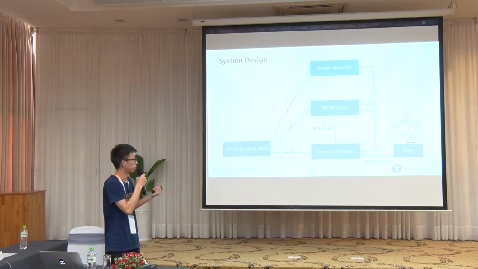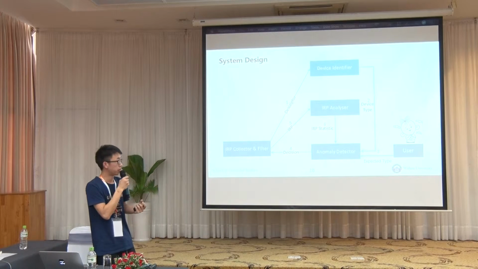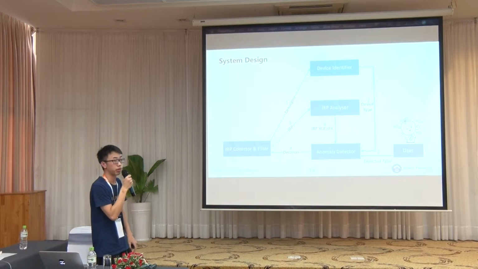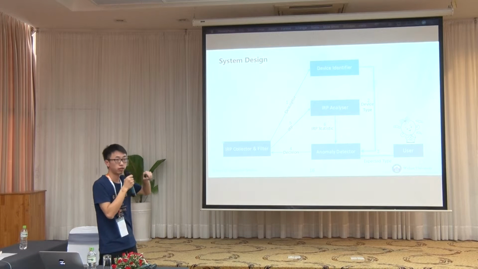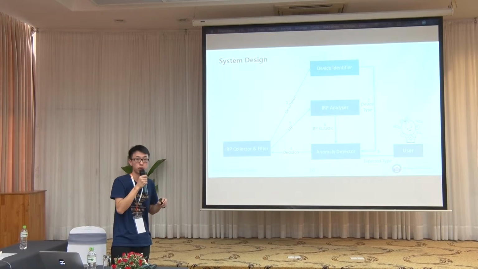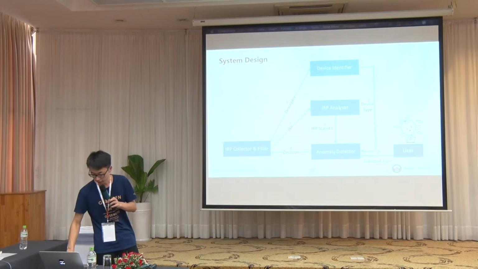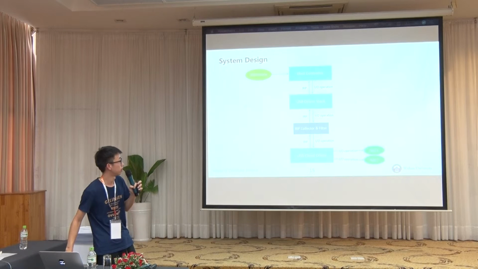And when the device is working, the IRP connector will connect IRP information and send it to the IRP analyzer. And the analyzer will transfer the original IRP information into some IRP statistics, just like here, the vector.